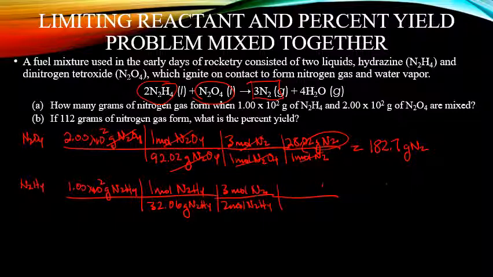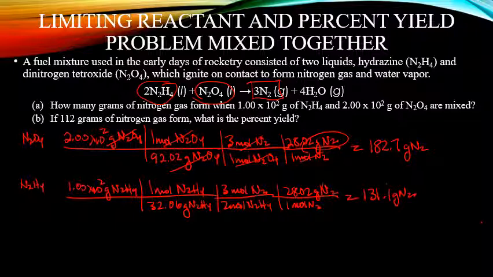And finally, 1 mole of N2, 28.02 grams. So now let's plug that in and solve. So 100 divided by 32.06 times 3 divided by 2 times 28.02, and we end up with 131.1 for my grams of N2.